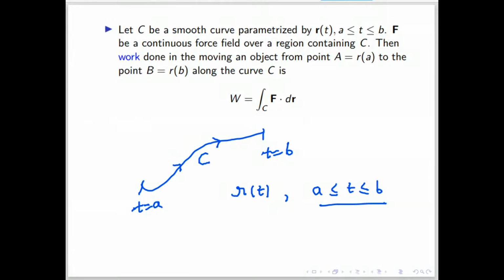F is a force field, that means a three-dimensional or two-dimensional vector. If you apply a force on this particle, then the particle will move from A to B. The work done by this force from A to B is given by F dot dr over this curve C. This is one application of line integral in physics.